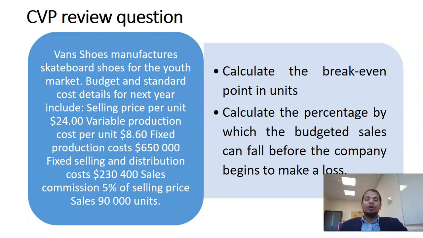Okay, so calculate the break-even point and calculate the percentage by which the budgeted sales can fall before the company begins to make a loss. That is margin of safety.